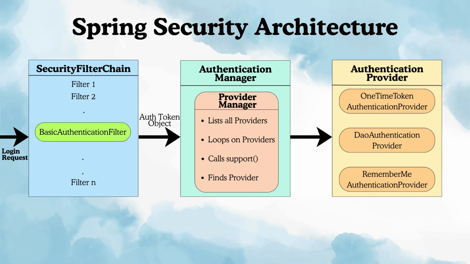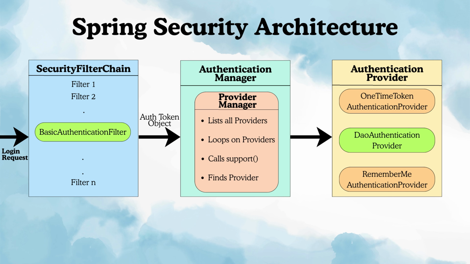I'll actually show you all these classes again in this video in the end. But as of now, you should know that for basic authentication, the filter is different. It is basic authentication filter, and all the core logic of authentication takes place in the providers. For form based authentication, the provider was DAO authentication provider. Similarly, for basic authentication as well, the provider is DAO authentication provider. So the crux is that all the core logic is in DAO authentication provider.